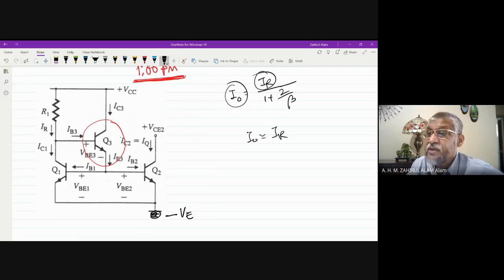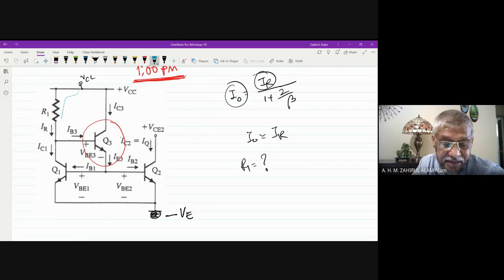Now again, we need to design this current source. Design means we need to find the value of R1. So first we need to calculate R1. This is our VCC, so we need to apply KCL up to the ground, up to the next source.